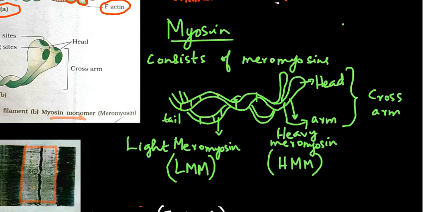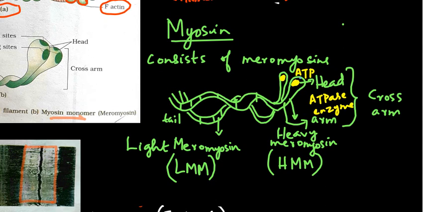The head has got an ATP binding site. So head is actually like an ATPase enzyme, and so it has got the binding site for ATP. ATP will be attached on this. There is one more site on the head that is meant for actin binding.